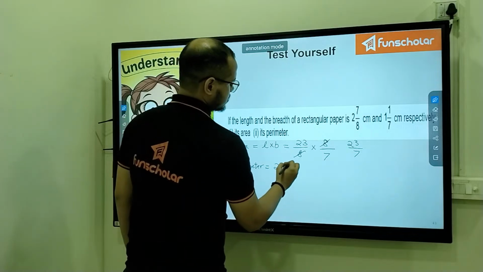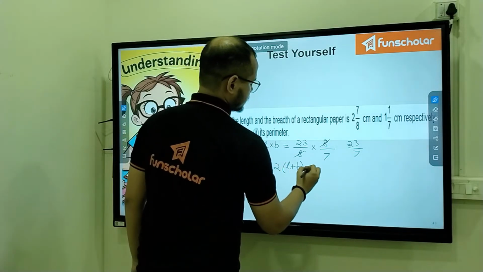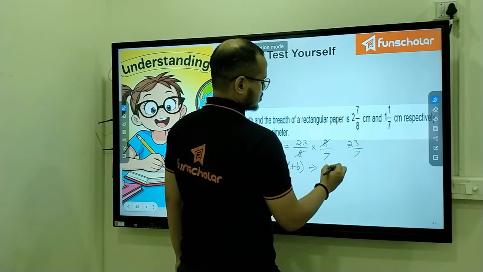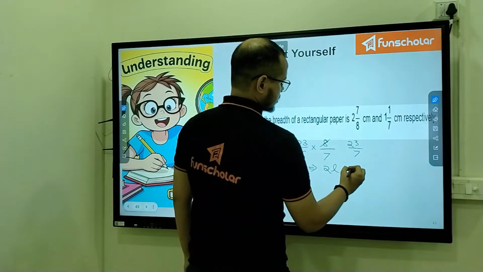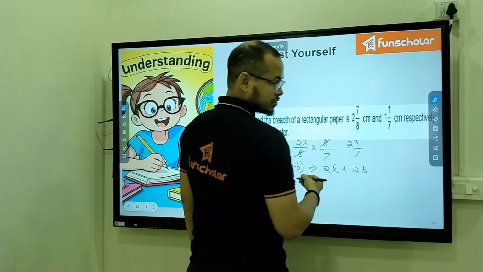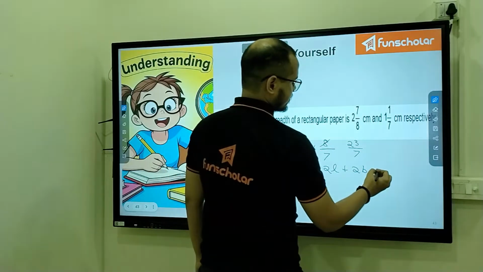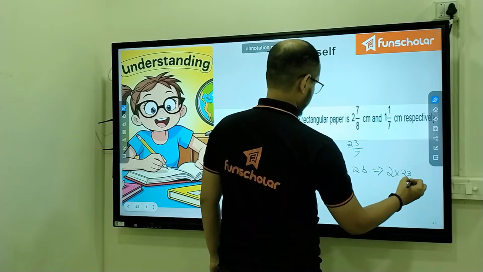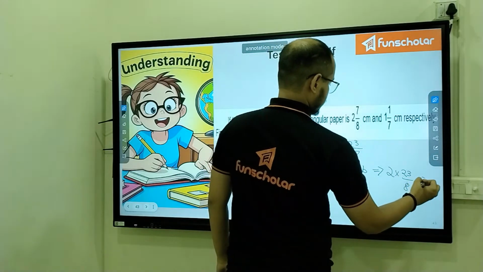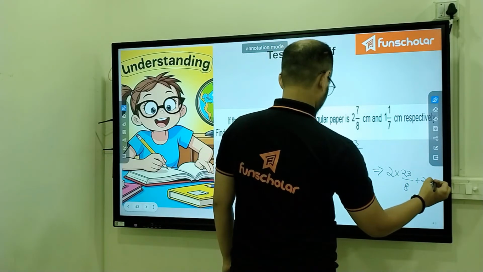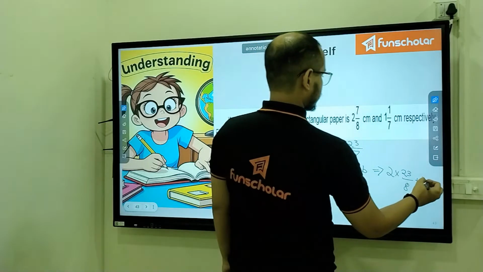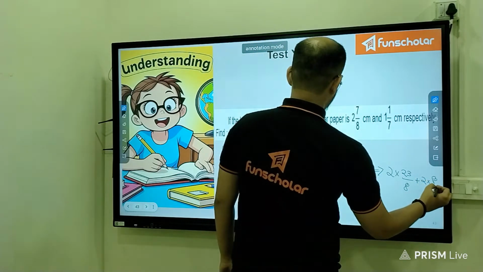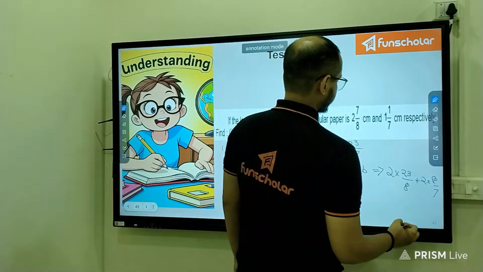That is 2 length plus breadth, right? So 2L plus 2 breadth, we are using the distributive property again. So 2 into 23 by 8 plus 2 into 8 by 7.